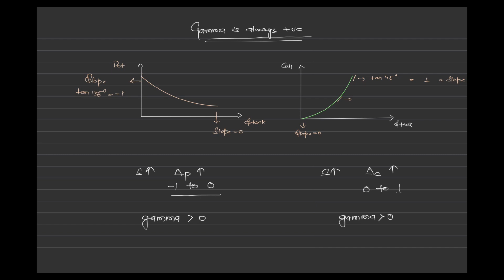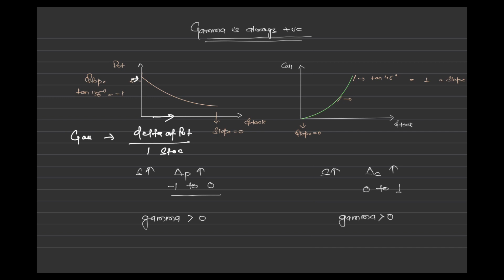But what about the gamma? What is gamma of put? See, gamma of put is going to be positive and gamma of call is also going to be positive. Let's understand why. What is gamma? Gamma is the rate of change of delta because of 1 unit change in stock price. See, the stock price is increasing and you see the slope is moving from -1 to 0.